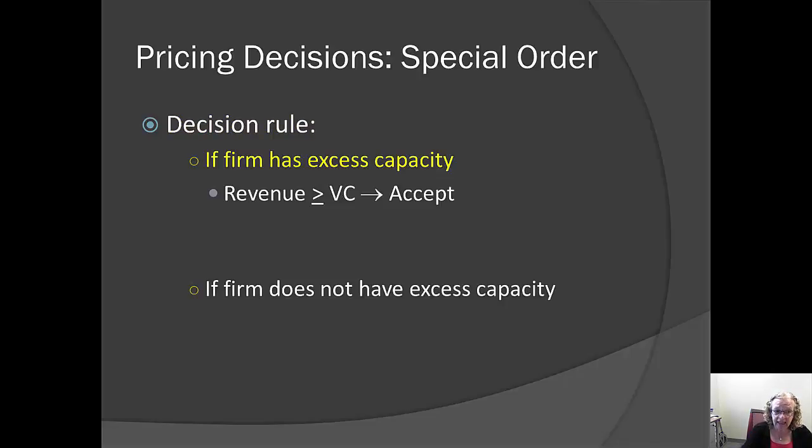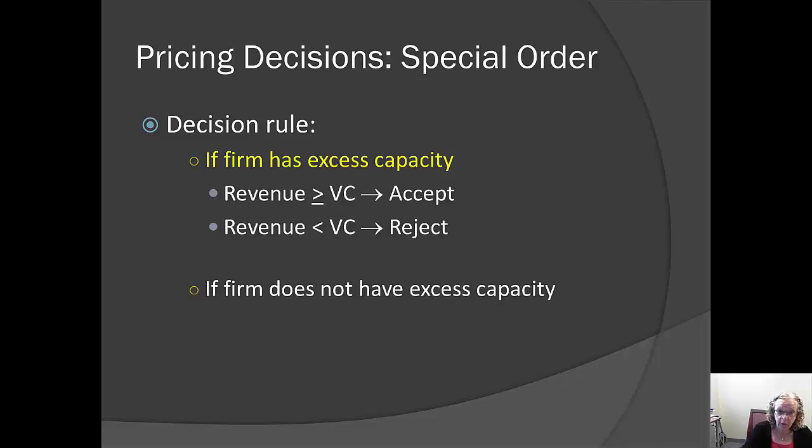So in that case, as long as the revenue from the special order is greater than or equal to the variable cost of the special order, then the firm should say yes, they should accept the order because their fixed costs are not affected. And the larger the revenue is compared to the variable cost, the more attractive the special order would be.